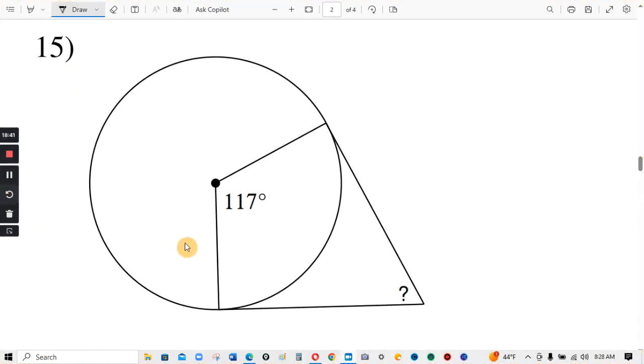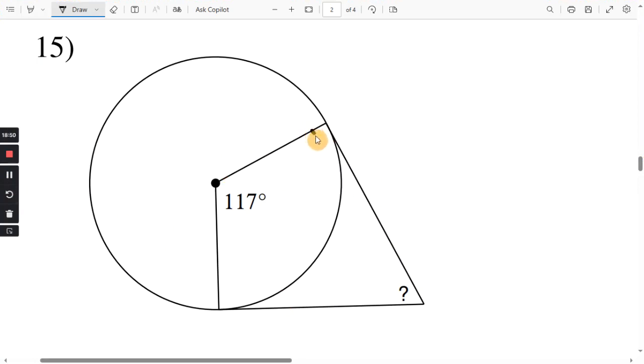Finally, number 15. Okay, we can see these are the tangent lines and these are the radiuses, so they have to make a right angle. All right, and this right here is a quadrilateral. We can see it has 4 sides. We know the angles inside of a quadrilateral equal 360. Okay, if you wanted to see where that came from, remember the sum of the interior angles is n minus 2 times 180.